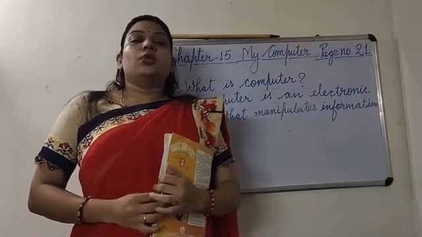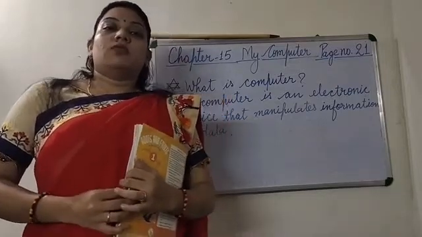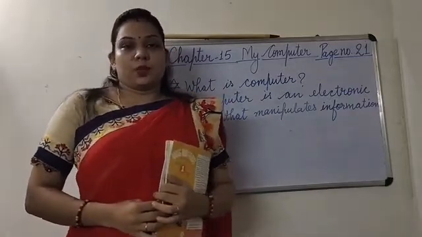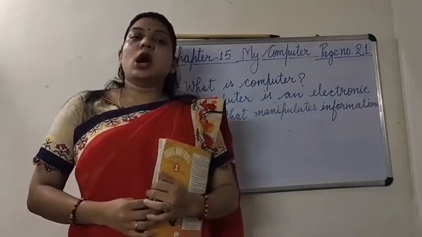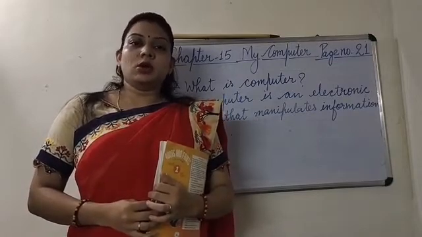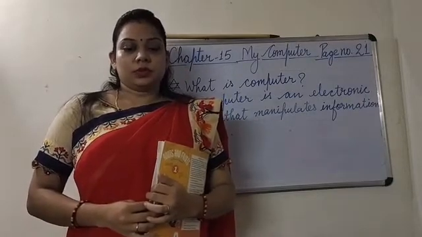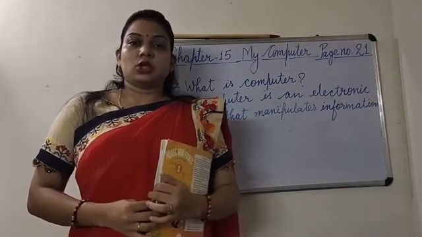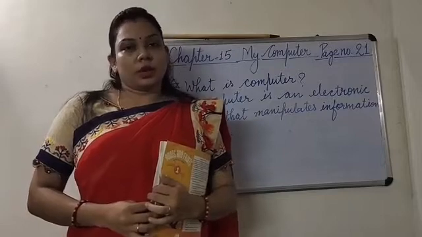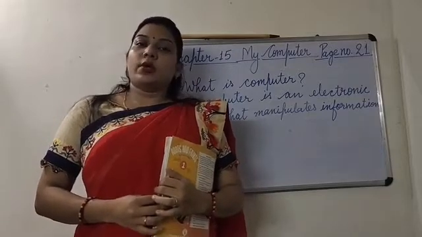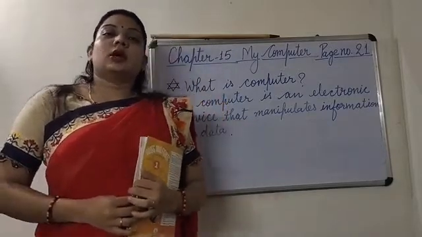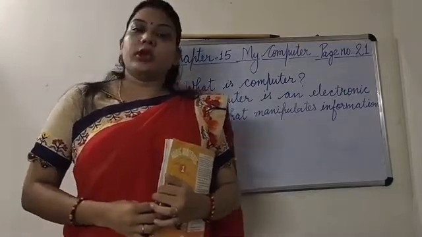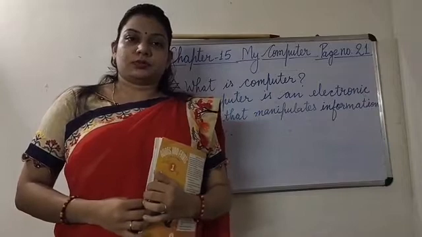Whenever we want to write something in the computer, we see a cursor blinking on the monitor. There is a line displayed on the computer monitor. Where the cursor is, from that place we can start.